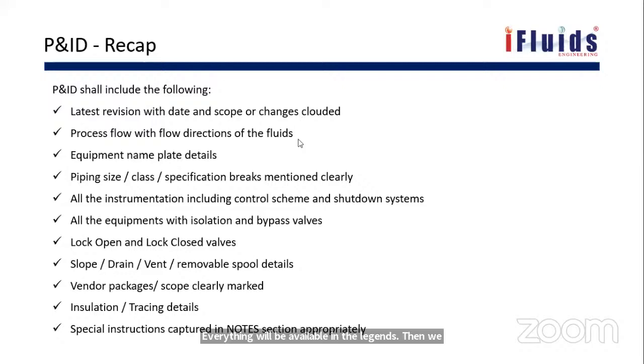We should use only the latest revision of the document. Then we'll have all the lines with their names in the P&IDs, all the interconnecting lines, drains, everything, equipments with nozzles, dimensions, pumps and compressors with respective capacities, motor ratings, everything. So slopes, any special instructions should be captured in the notes section. So all these are to be clearly understood for further designing or operating the process plant.